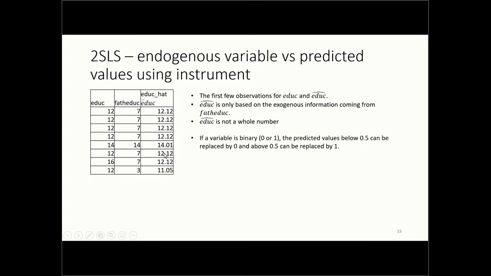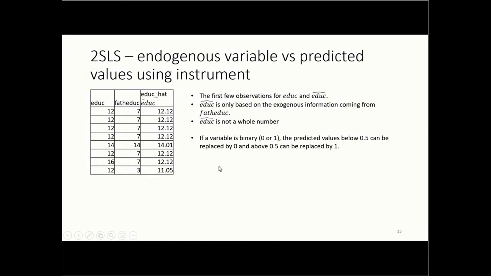So some authors may choose to round these values to get a whole number, but most people just leave them as they are. But that's what it means here for education hat to only have exogenous information. It's only based on this father's education, and it's not based on the original variable.